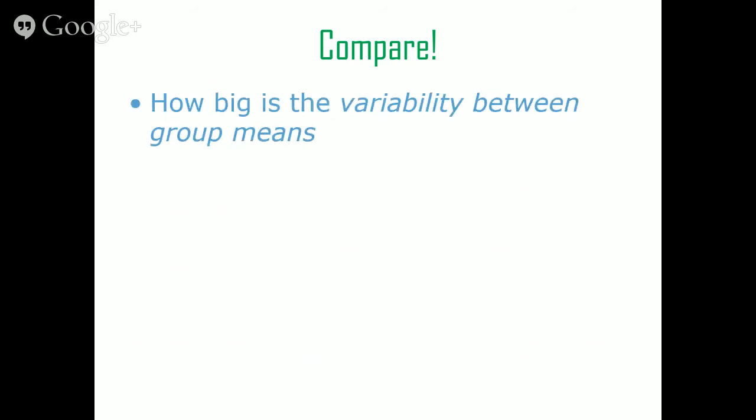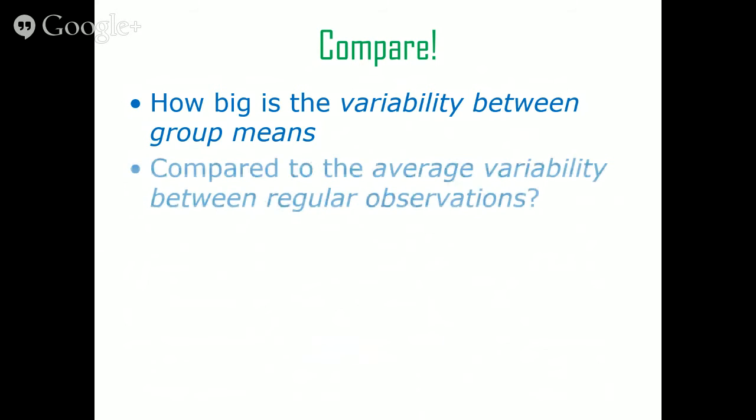So once we have those two estimates, the estimate of the variability of all the individual points, which we call the within groups pooled or average within groups variability, and the variability estimate between the group means, treating each mean as a single data point, then we compare them. And we ask ourselves, how big is the variability between group means compared to the average variability between regular observations?